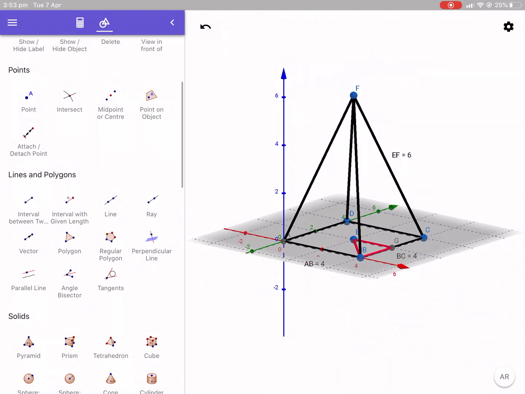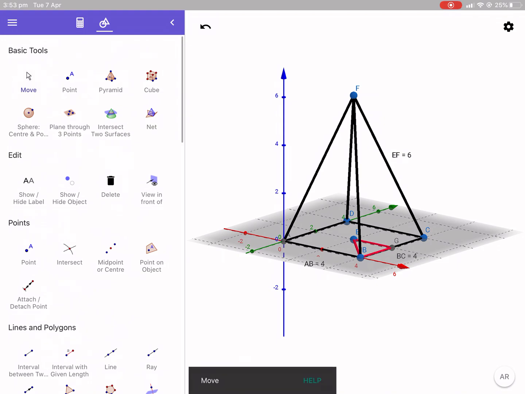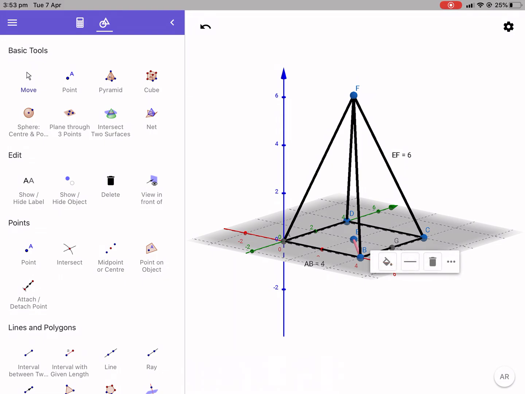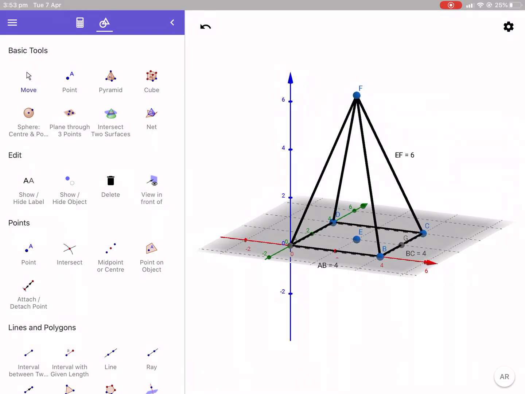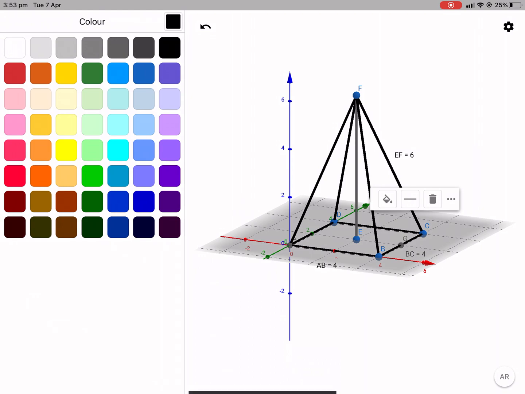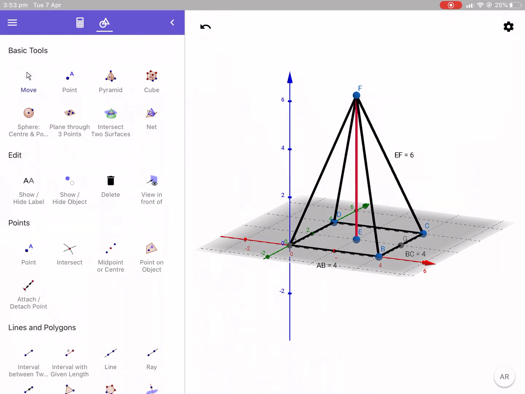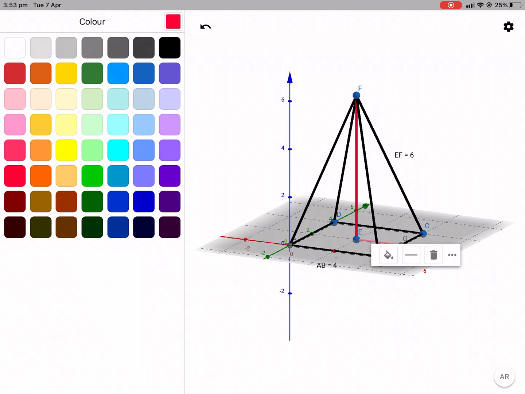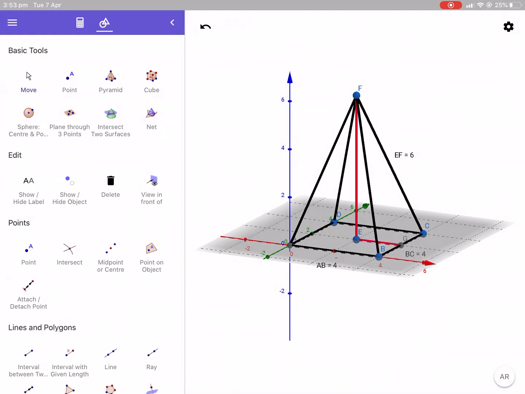Let me grab these ones and delete them. Okay, so we're going from the top to the middle. We're going from the middle to the midpoint of one of the outside sides. And then we're cutting back up.